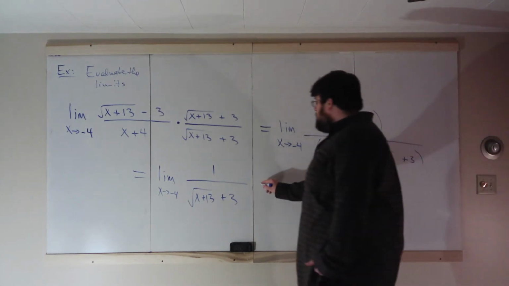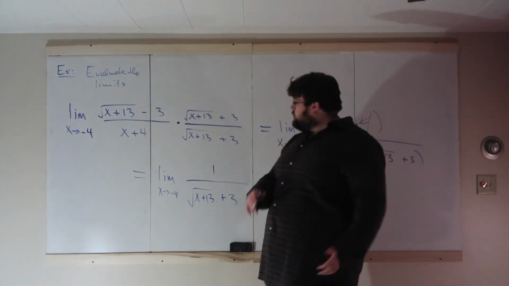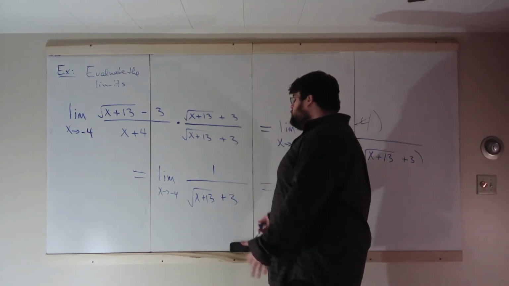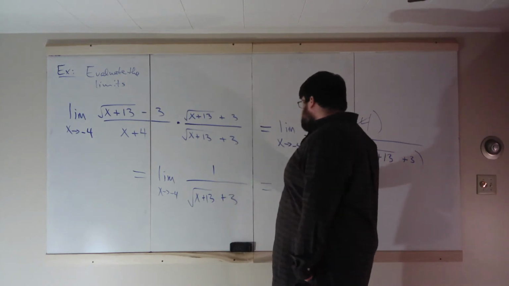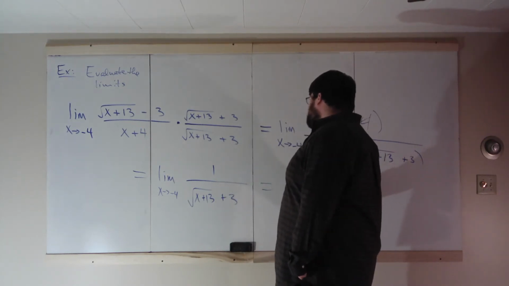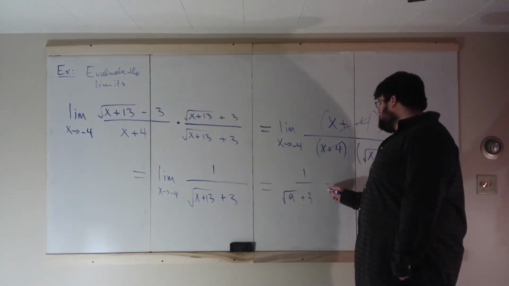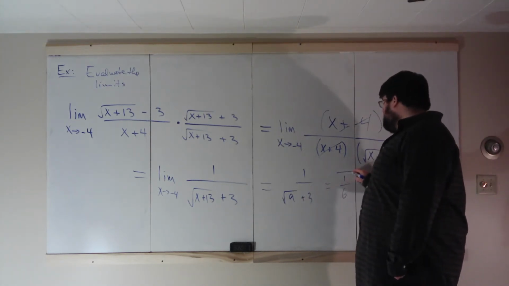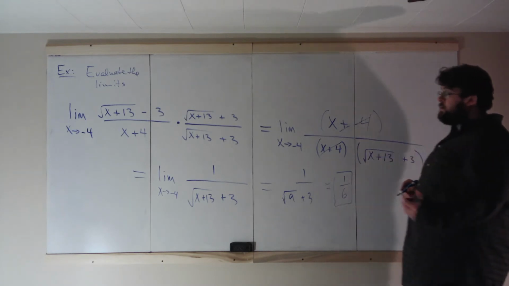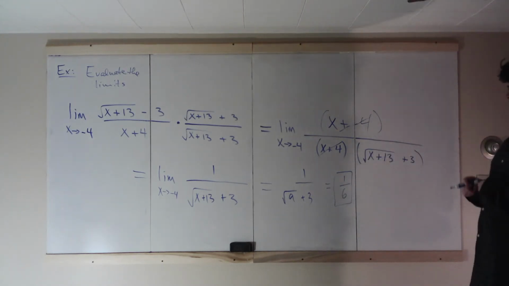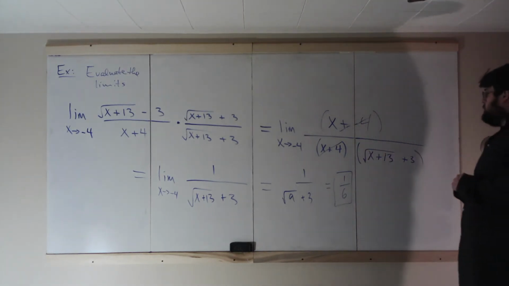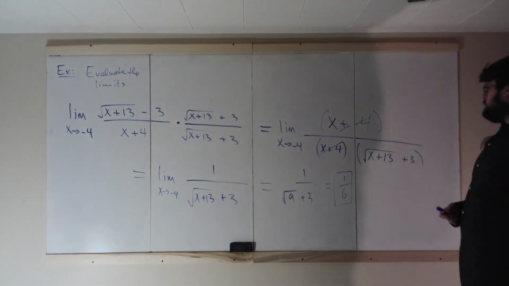And now down here, we hope, after doing all that work, that we could do a substitution. And we can, because we get 1 over 3 plus 3, which is 1/6.